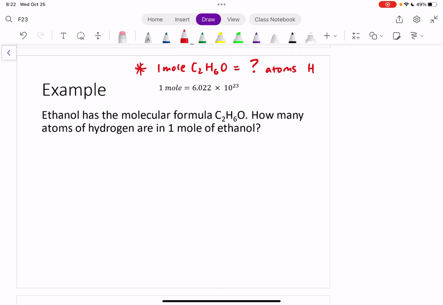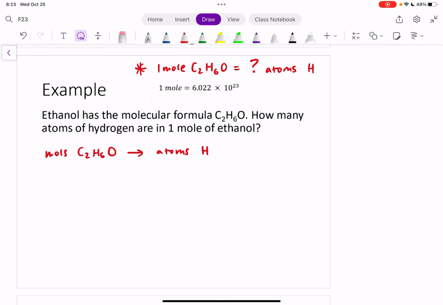So let's think of a problem-solving strategy here. I start with moles of C2H6O. I know how many moles I have. It's telling me I have 1. And now I want to get to atoms of hydrogen. Can I go straight from moles of ethanol to atoms of hydrogen? No. I have to go through moles first, because I have to get from moles of ethanol to moles of hydrogen, and then I can get from moles of hydrogen to atoms of hydrogen using Avogadro's number.